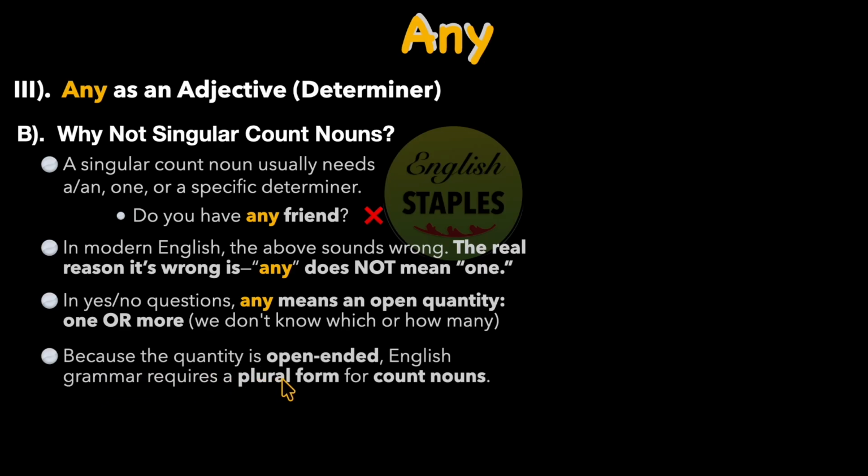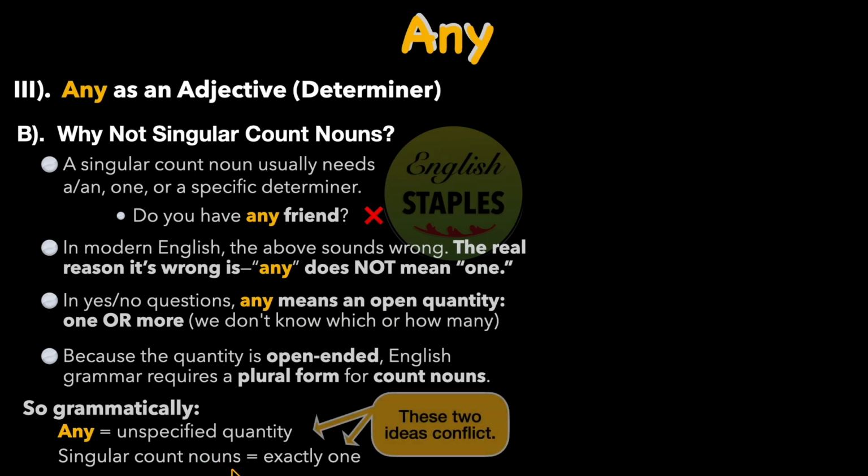Because the quantity is open ended, English grammar requires a plural form for count nouns. This is a count noun. One friend, two friends, three friends, 10 friends. It's a count noun. So grammatically, any equals an unspecified quantity, and a singular count noun is exactly one.